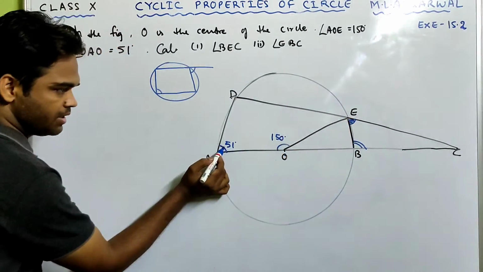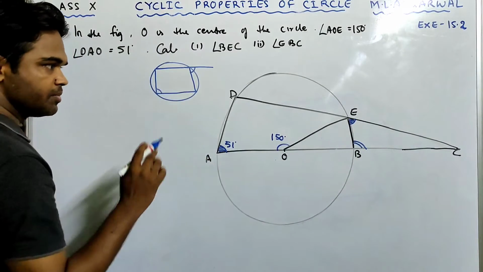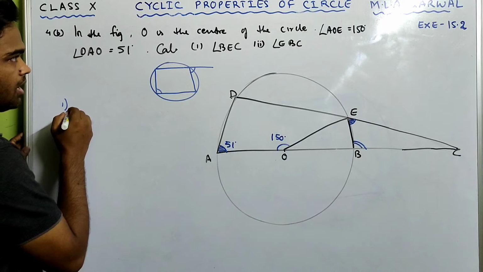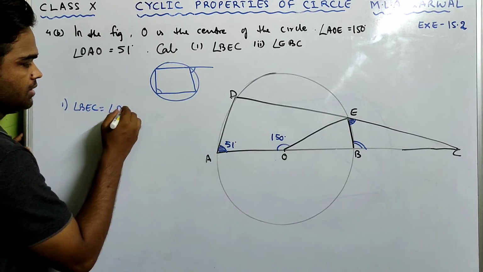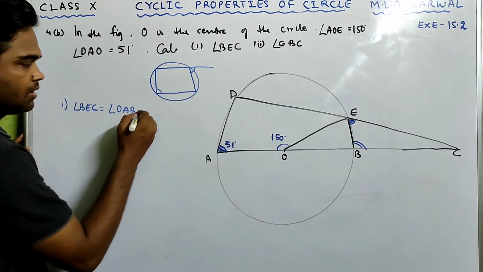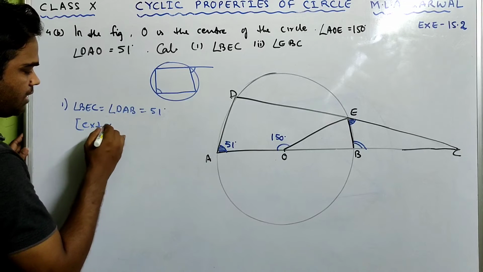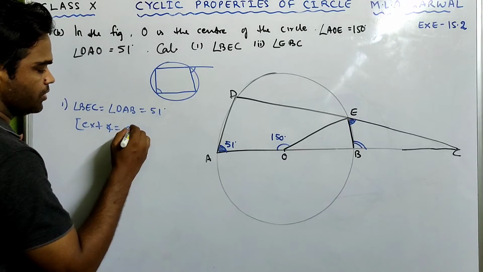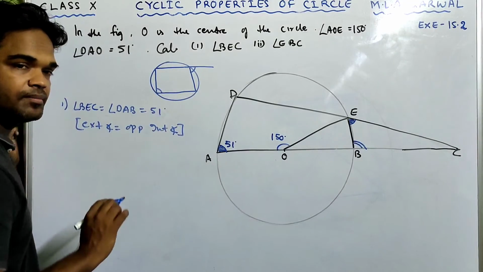And in its opposite, which interior angle is it, this one. Look carefully, which means can I write angle DEC is equal to angle DAB is equal to 51 degree. Why? Because exterior angle is equal to opposite interior angle in a cyclic quadrilateral.